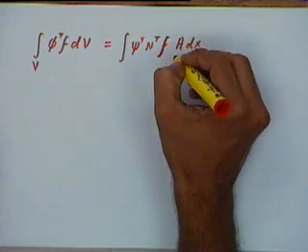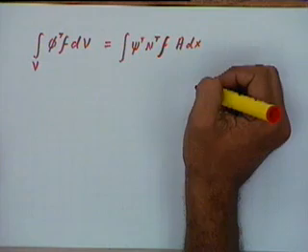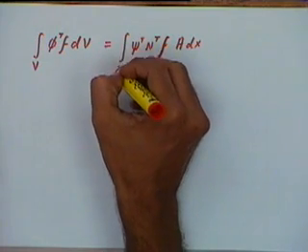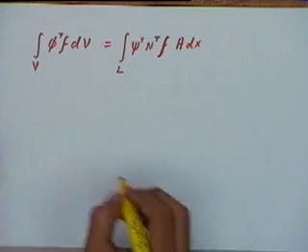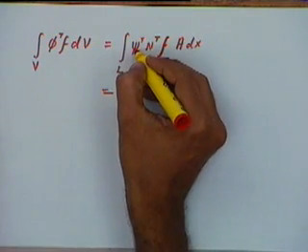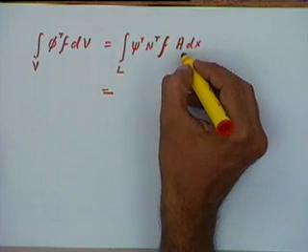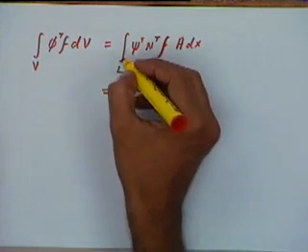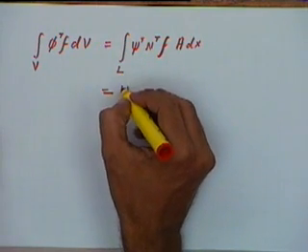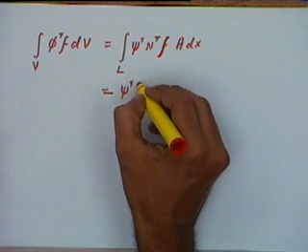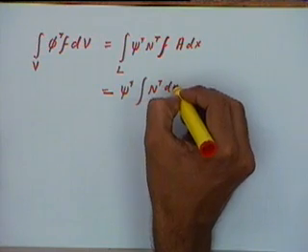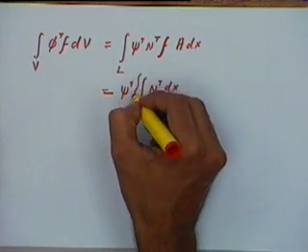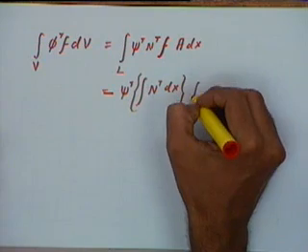A is the area of cross section in the element. And again this integral will be over the length of the element. So psi transpose is a constant, F is a constant, A is a constant. So this integral will give me psi transpose into integral of n transpose dx, and this whole thing is multiplied by F and A.